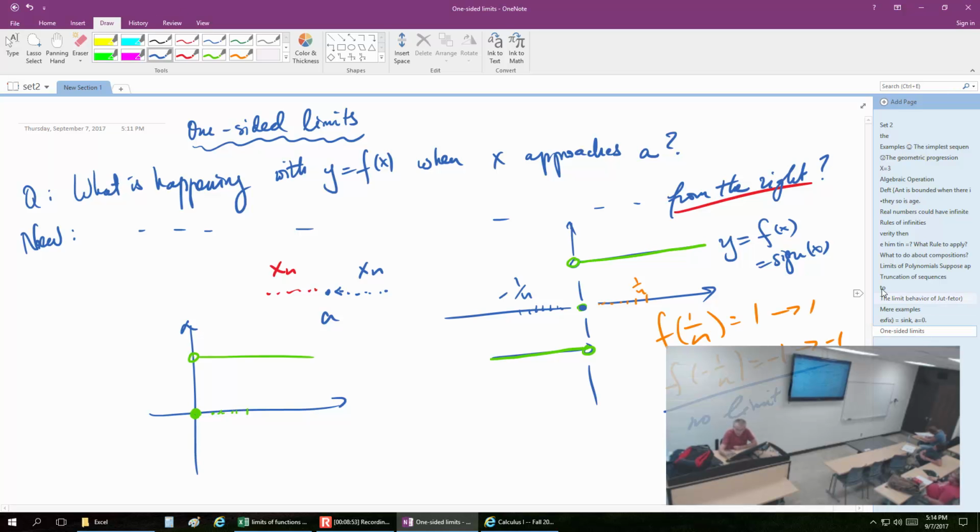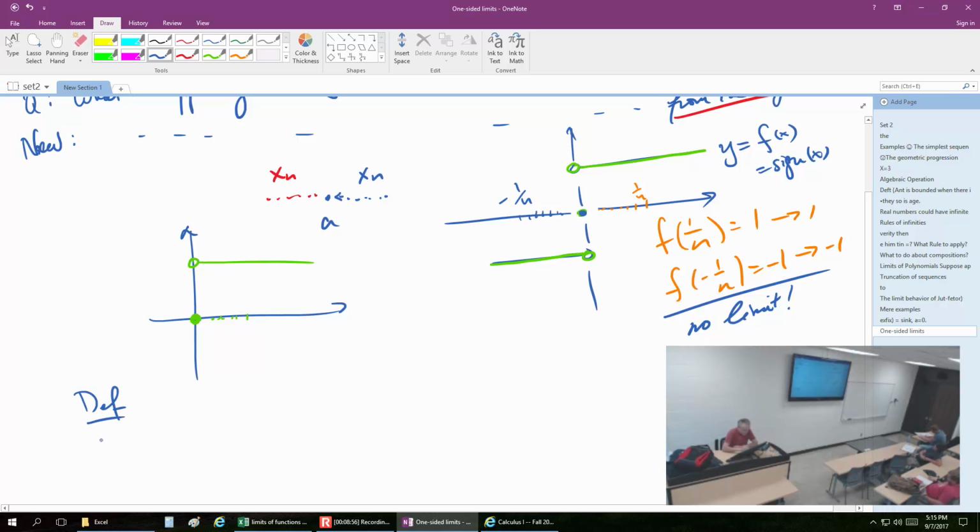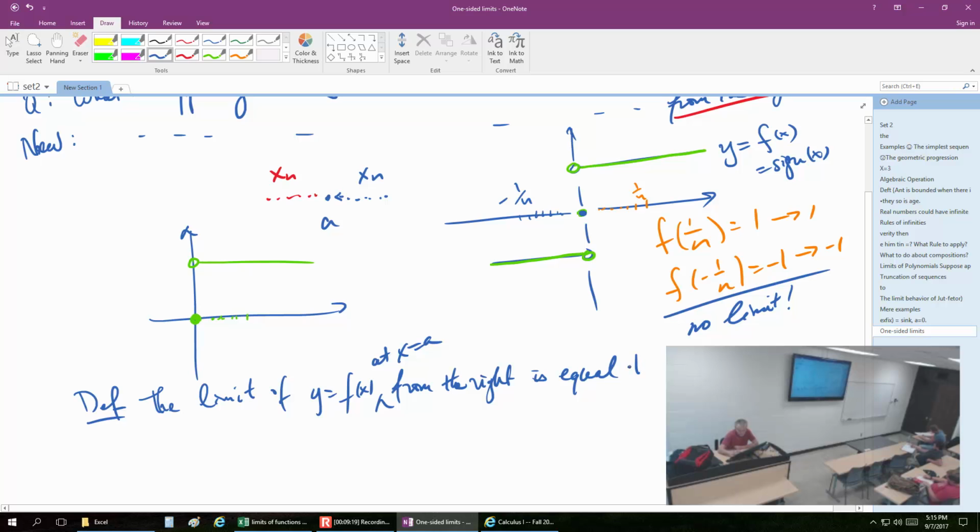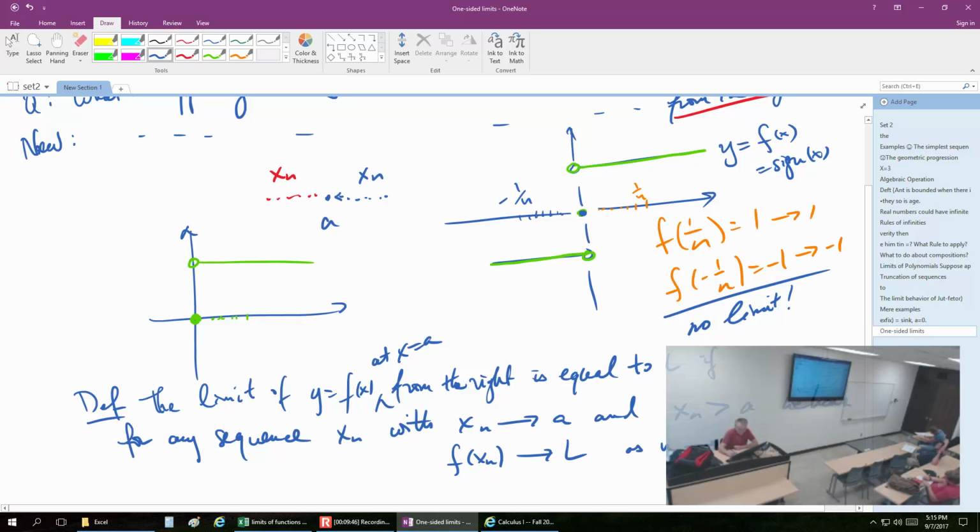So let me just define what we're talking about here. Definition: the limit of y equals f of x at x equal a from the right is equal to L if for any sequence xn with xn converging to a and xn larger than a, we have the same conclusion: f of xn converging to L as n goes to infinity.